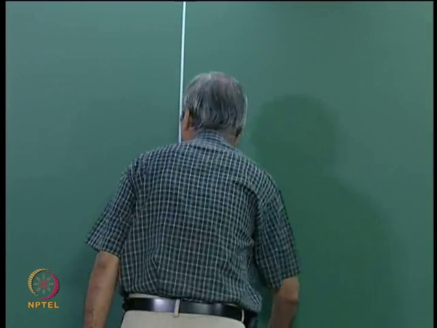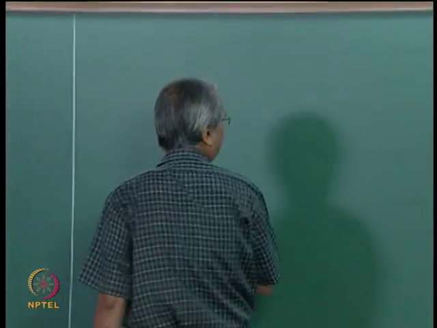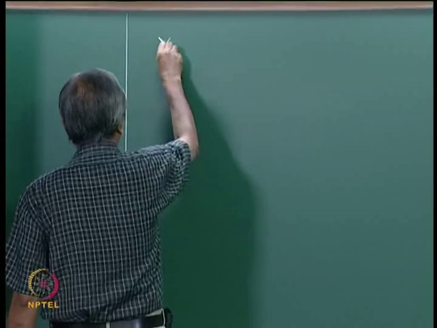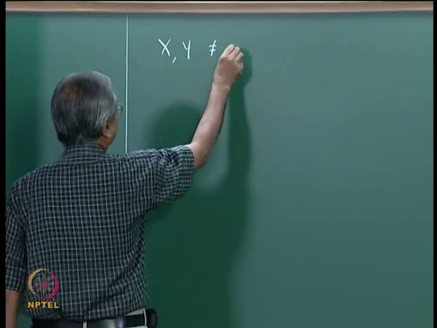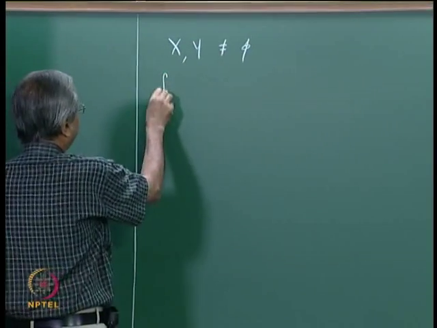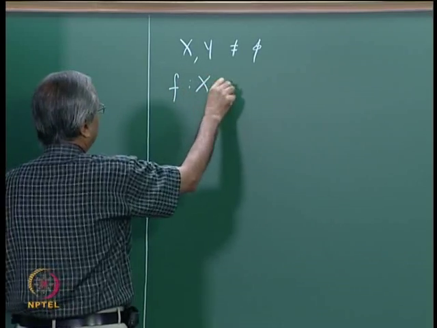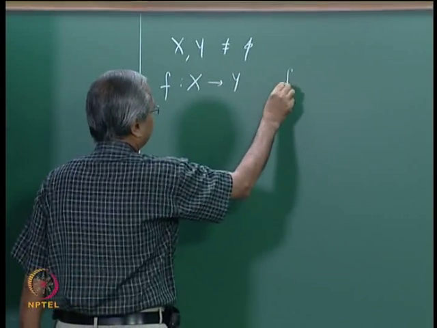So we were discussing in the last class certain aspects about the functions. We were revising some concepts of the functions. So let me again briefly say a few things. Now to begin with, let us say that X and Y are two non-empty sets, and suppose f from X to Y is a function.